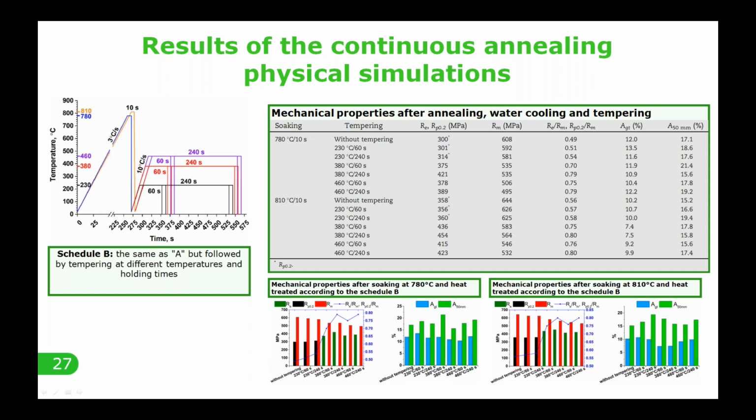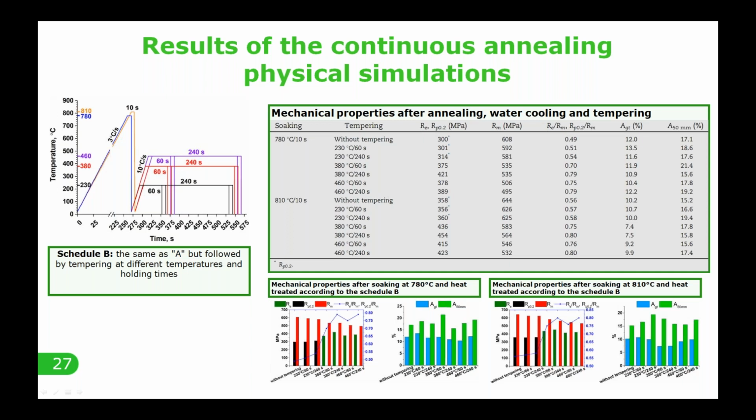Ultimate tensile strength decreases with increasing time, and following tempering for 240 seconds at 230 centigrades it is 581 megapascals. A further increase of tempering temperature to 380 centigrades and 460 centigrades transforms proof stress into yield strength with an apparent yield point.